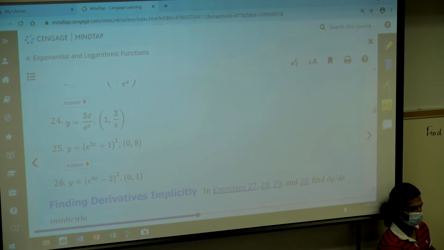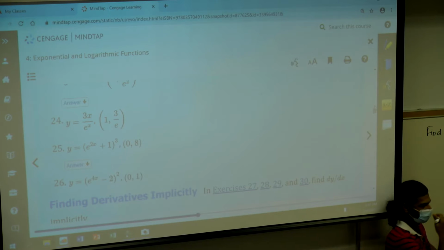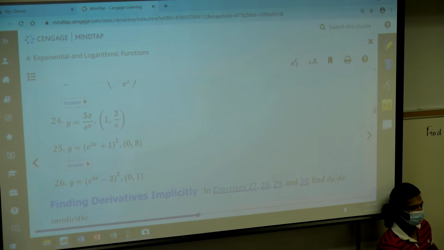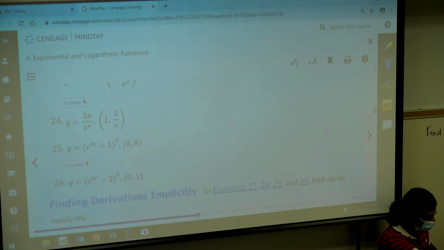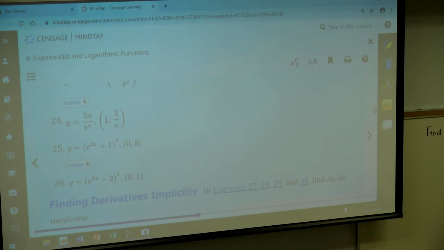Take the derivative, right? We want to find the derivative of y and plug in the value of x, which is 0, and that would give us the slope.